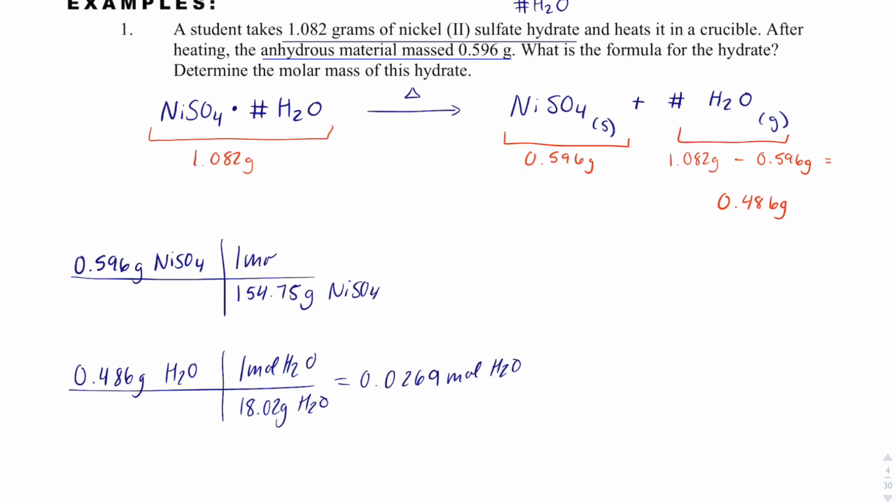And that's for 1 mole of nickel sulfate. And so I get 0.00385 moles of NiSO4. So I've done mass to moles. I need to divide by the smallest one, which should always be your anhydrate.